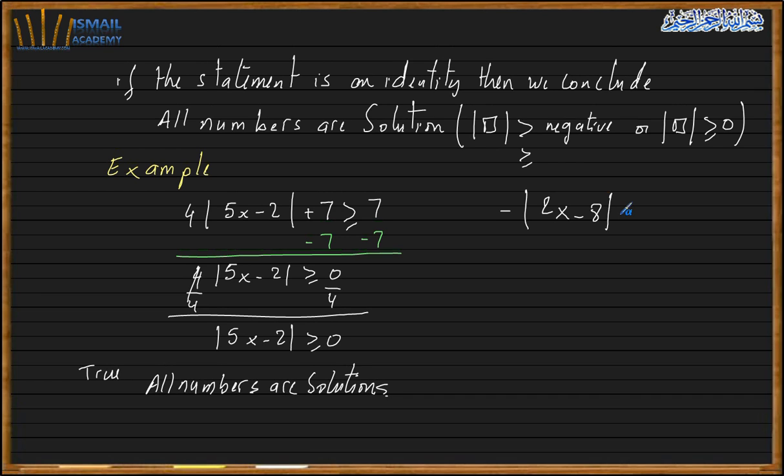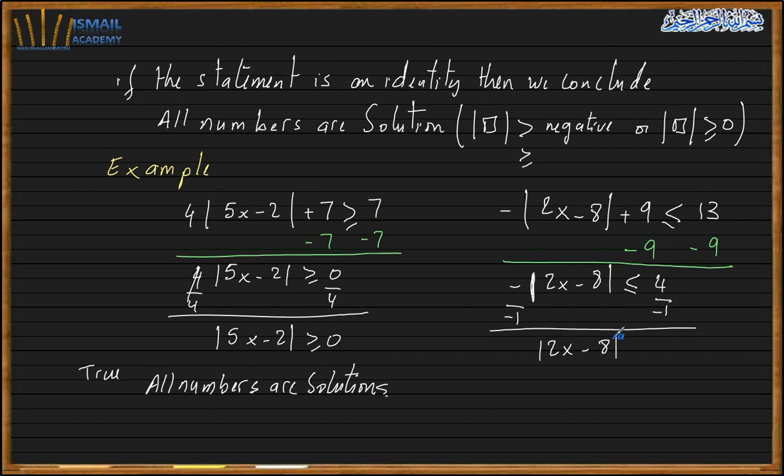I got minus absolute value of 2x minus 8 is less or equal than 13 minus 9, which is 4, and when we divide by a negative number, we flip the sign.